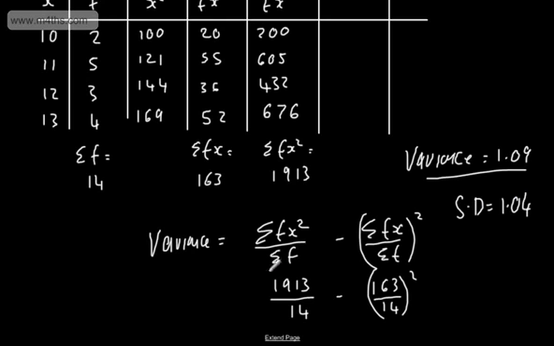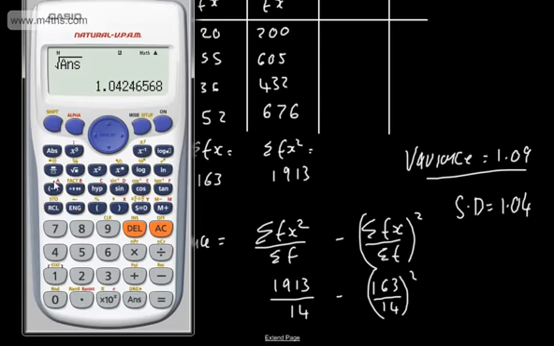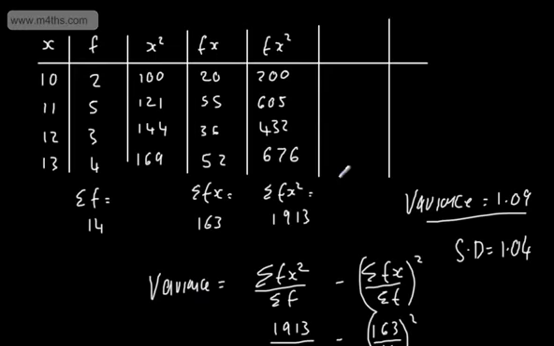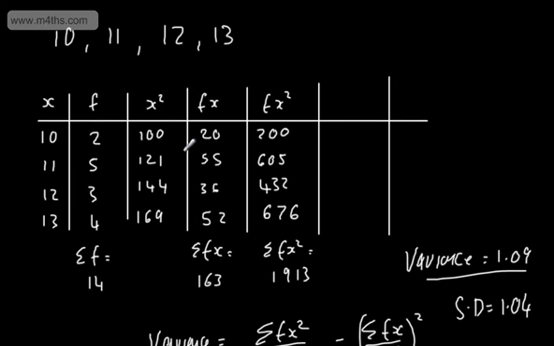That is working with the standard deviation and variance. All we're looking to do is find the average distance of each data item from the mean. So we've looked at it now with both grouped data tables and single values.